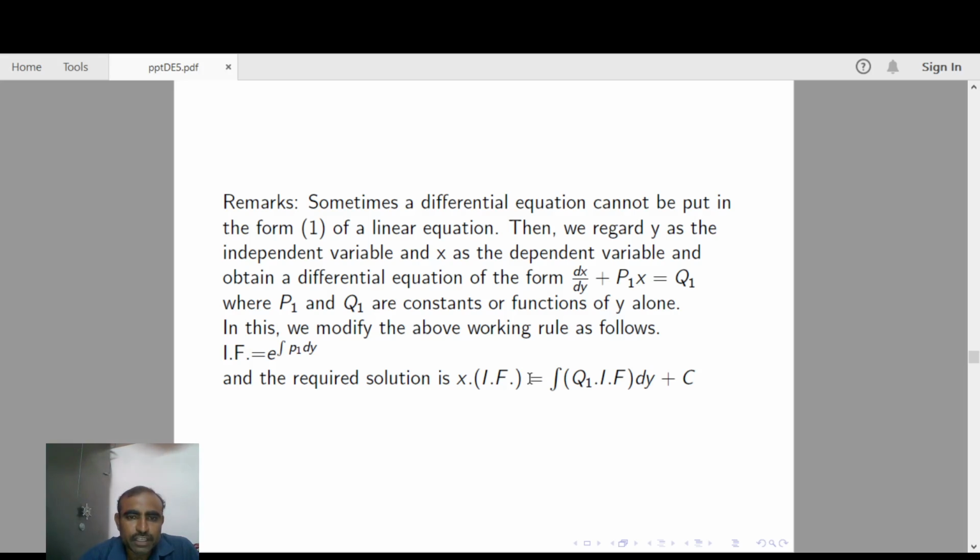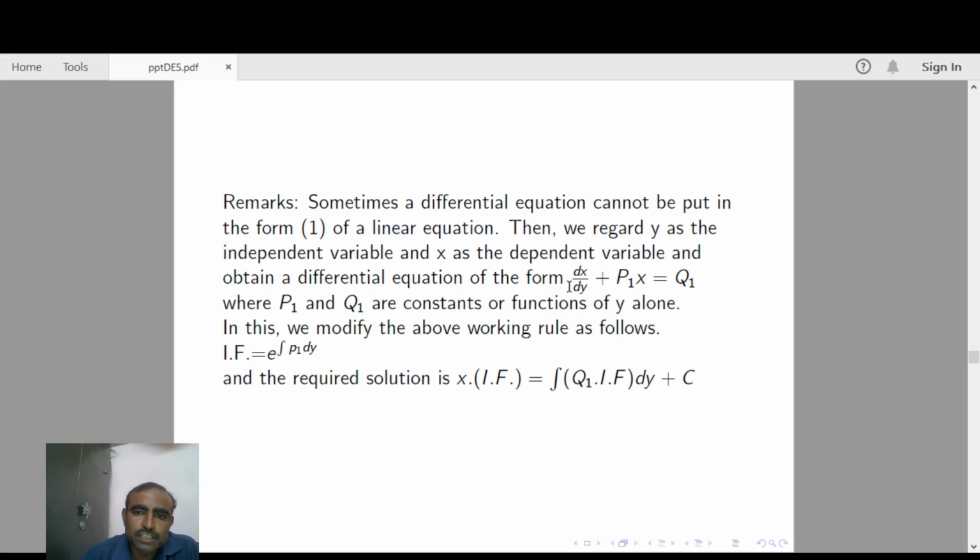If the given equation is not in the form of dy by dx plus p of x into y is equal to q of x, then we can change the derivative to dx by dy, that is, y as the independent variable and x as the dependent variable. Then we say that this is a linear equation in x, where p1 and q1 are functions of y alone, purely functions of y.